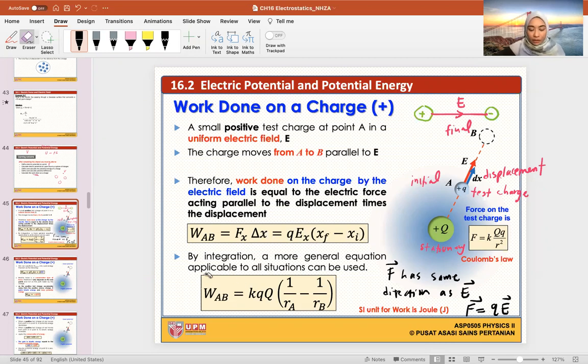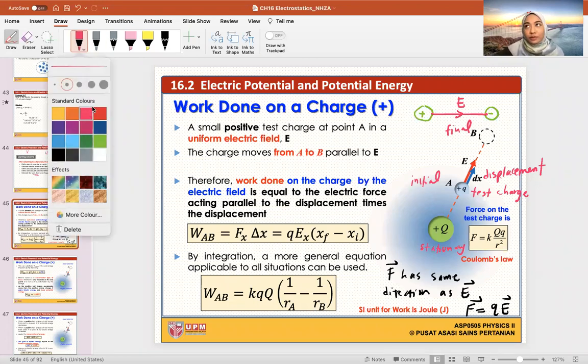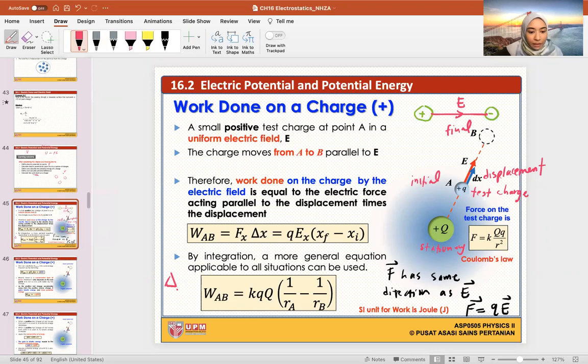And there's another equation for work done, which is kQq times (1 over RA minus 1 over RB). The thing that I want to emphasize is this: usually when we have delta, it goes from final minus initial, right? Here, this is not delta.